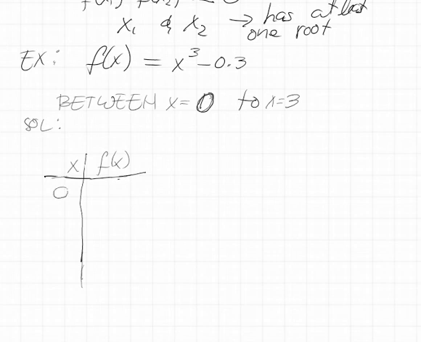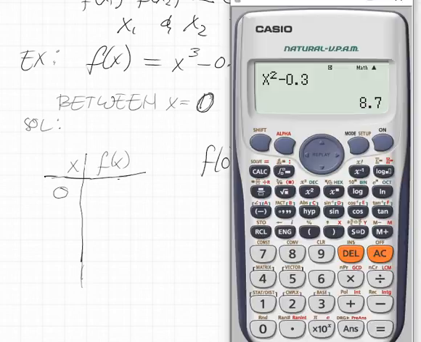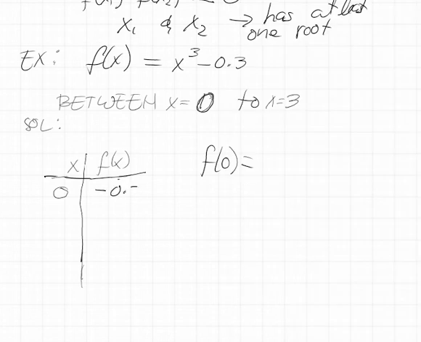So if we start at 0, what is f of 0? We use again our calculator here. Press calc, then you input 0, equals. Then there's the answer. It's negative 0.3. How about f of 3?